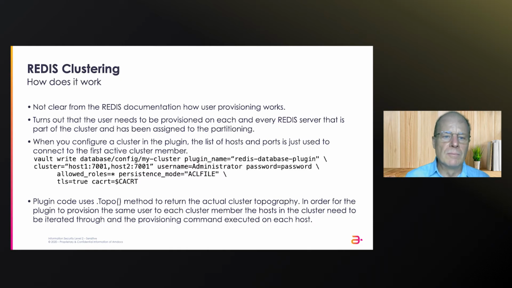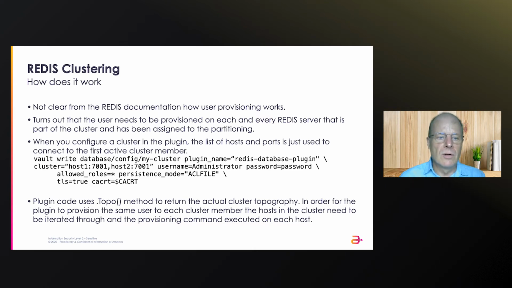So this example shows me configuring a database called my cluster. The cluster host has host 1 and host 2. We pass it the account that we're going to use to do the provisioning inside the Redis cluster, and we give it a persistence mode of use the ACL file, which we'll talk about more later, and pass it the CA cert needed to connect securely to the cluster.